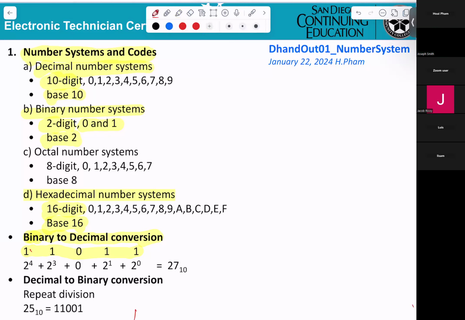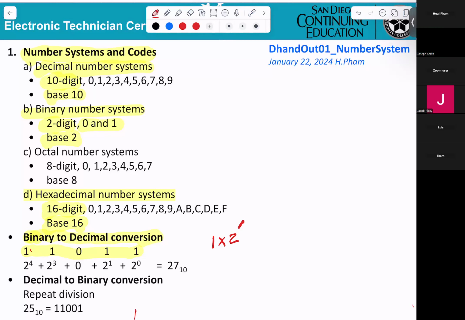First thing, you get 1. That means you take a 1, times 2. Okay? Base 2, binary. And now you can see in here, how many binary digits are left over? 1, 2, 3, 4.